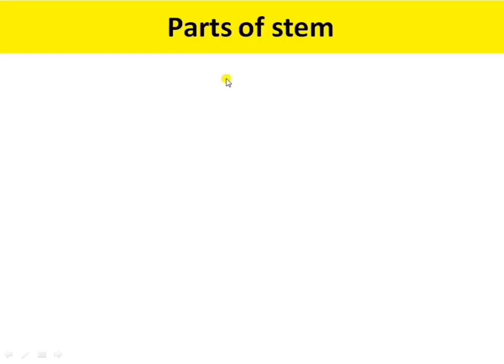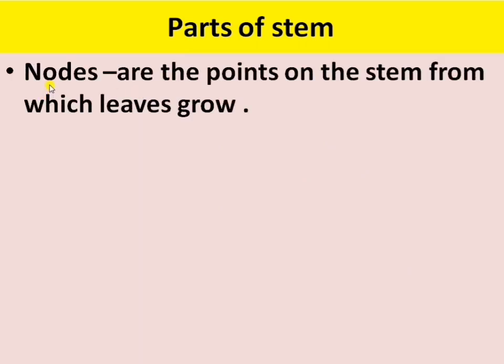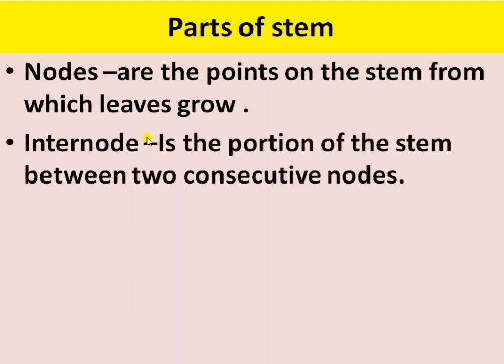Next are the parts of the stem. Now we are going to discuss the parts of the stem. The stem consists of the following parts. The first part is nodes. Nodes are the points on the stem from which leaves grow. Second is internode.